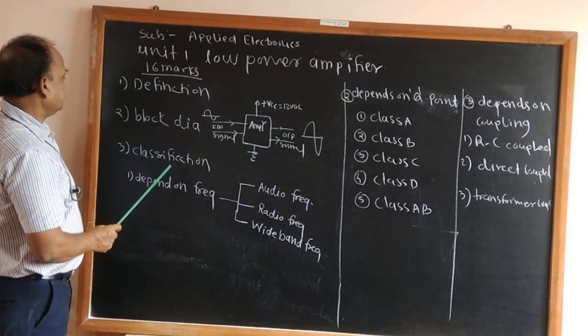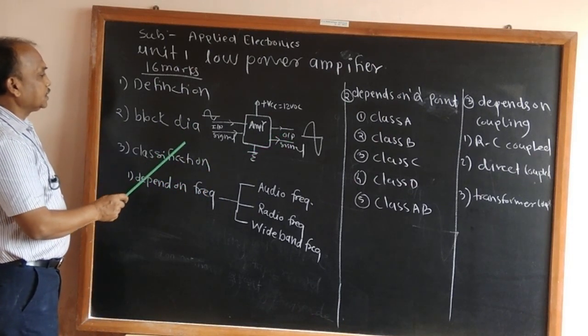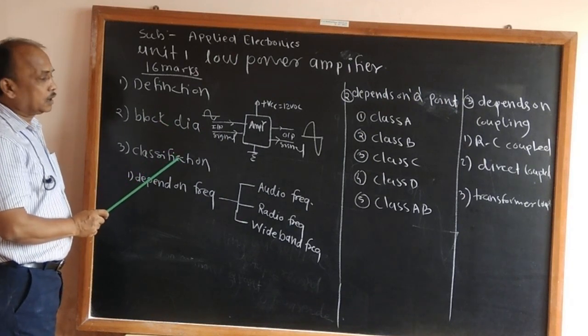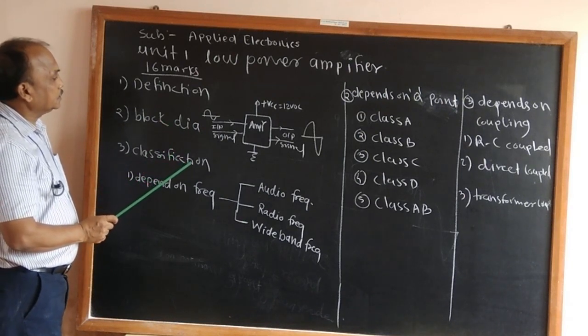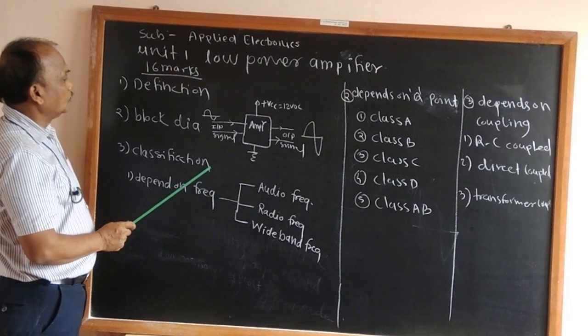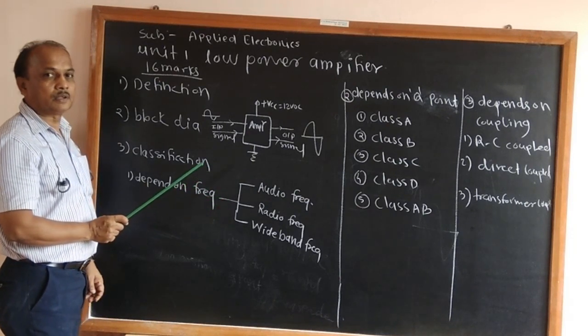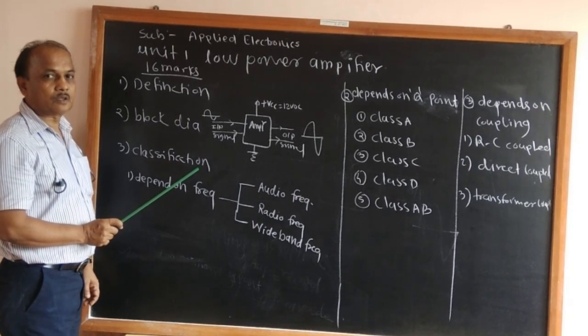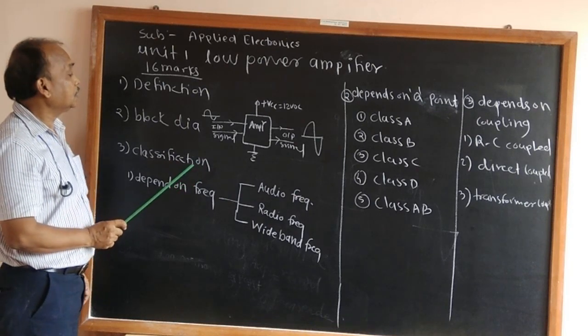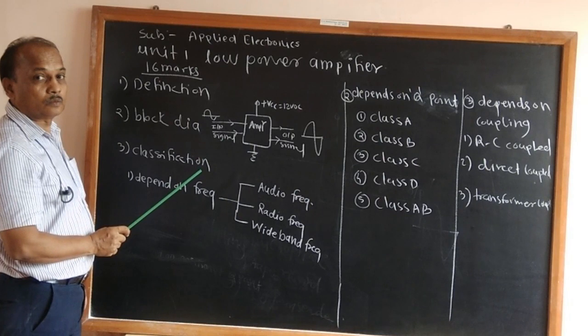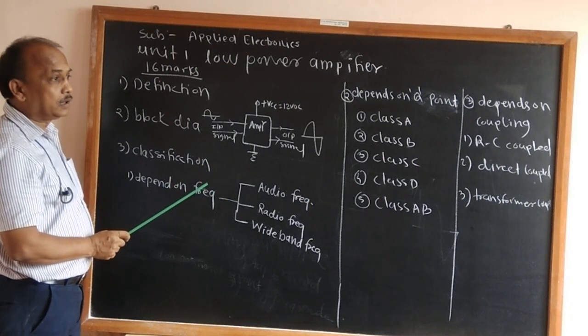Now we have to study what the input signal is. The input signal we can apply is an electrical signal. To generate an electrical signal, we use some equipment or devices, for example, a microphone, or you can say mic.